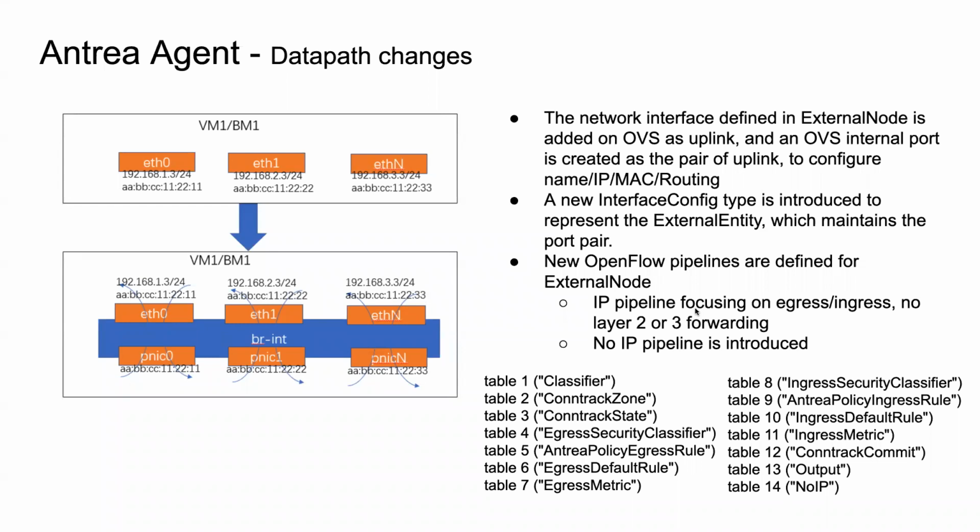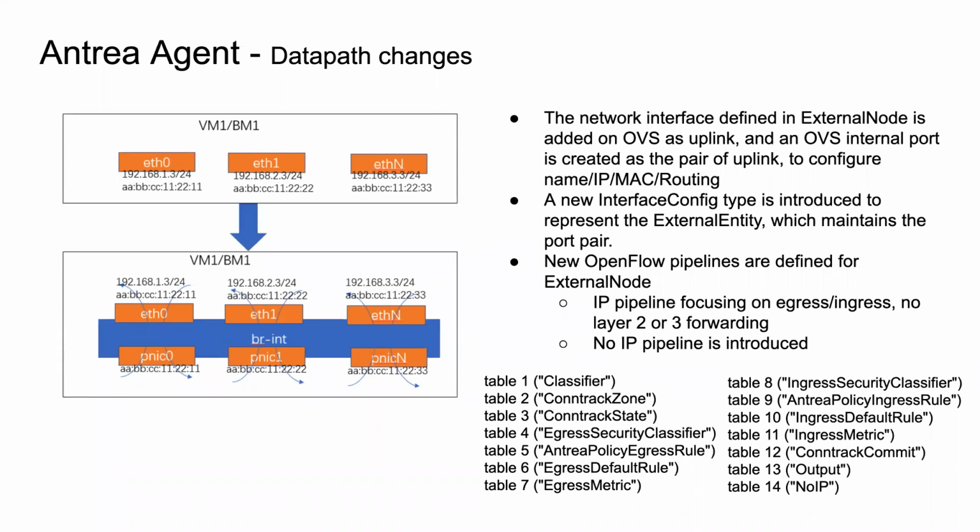And as we should maintain the host network, we should also maintain the non-IP packets in the OS pipeline. So we need to introduce a new table focusing on the non-IP packets. But for this new pipeline, we directly forward packets from one to the pair.